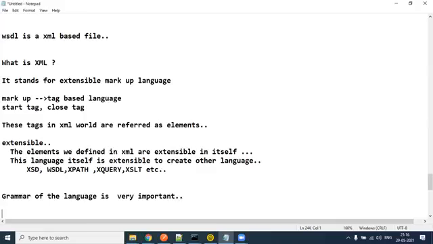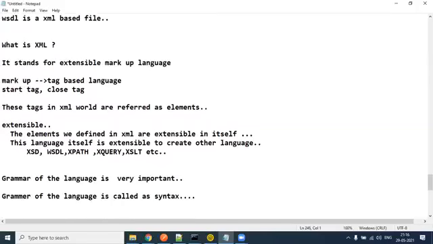Whenever you want to learn any programming language, let's say Python or XML or JSON, knowing the grammar of that specific language is very, very important. This grammar of the language is also called syntax. Knowing the syntax is very, very important.